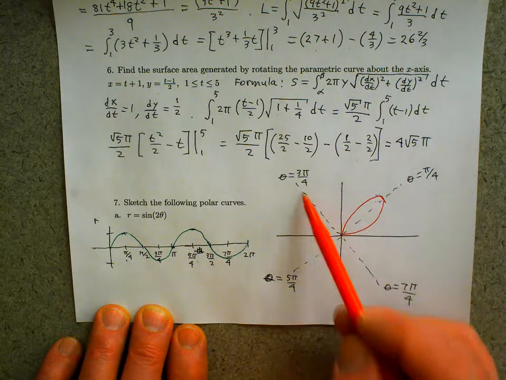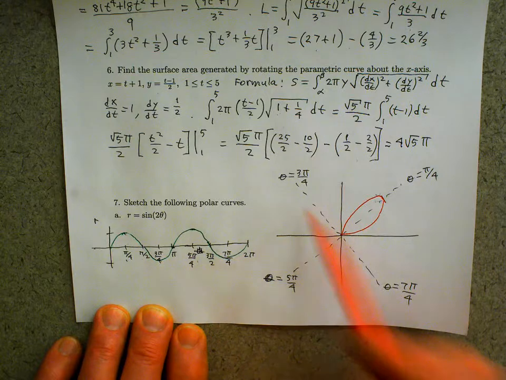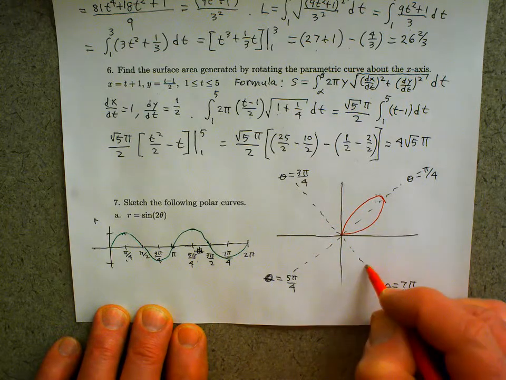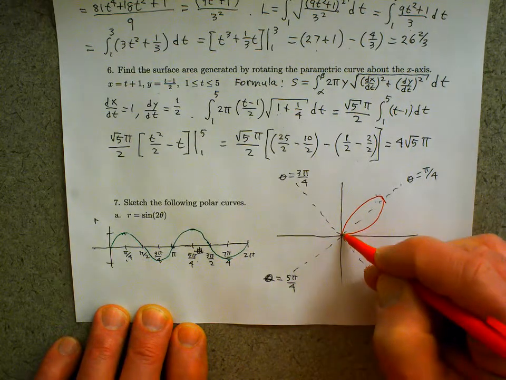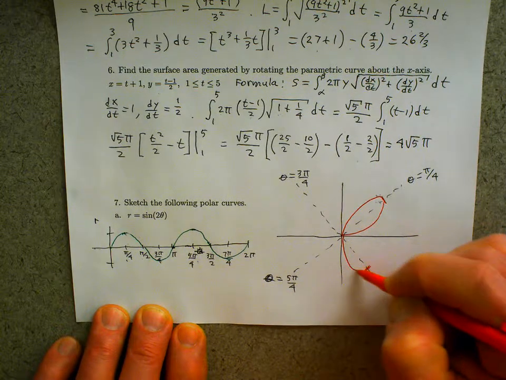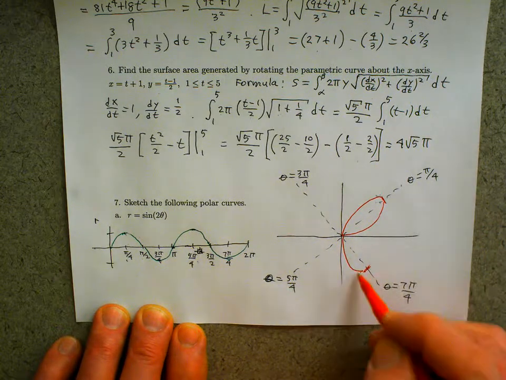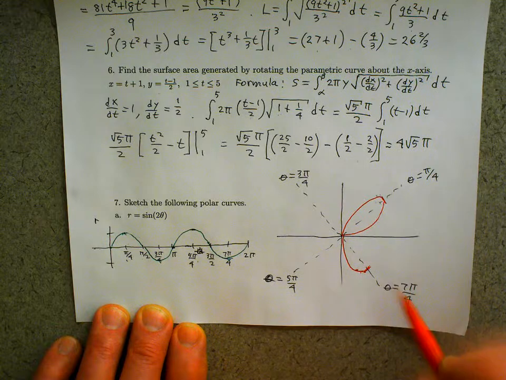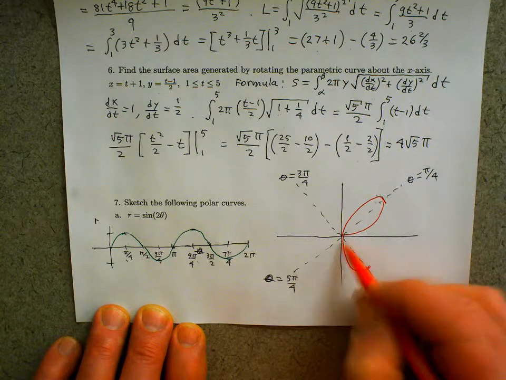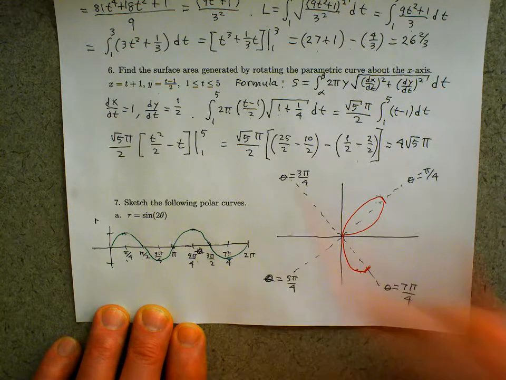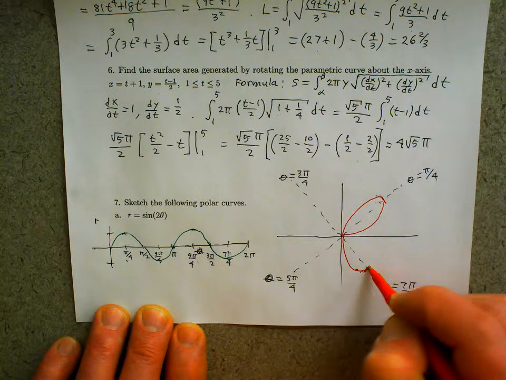So at 3 pi over 4, we go in the opposite direction. Because the r value is negative, the graph goes to the opposite side of the origin from 3 pi over 4, and then back to 0.